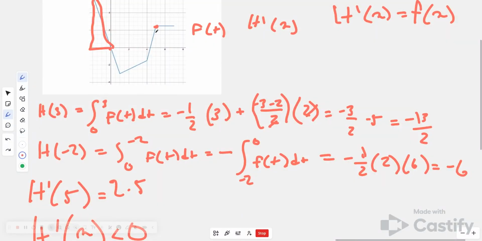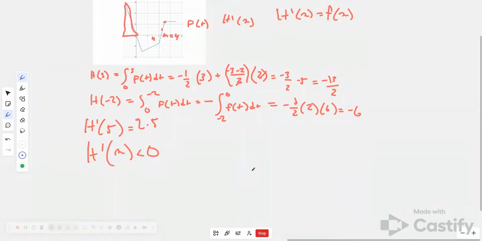So we know that the slope of this line is 4 because we can count, and if we do rise over run, we can count that it's 4 and then 1. So the slope of this line is equal to 4. But from this point to the x-axis, we have a rise of 1.5.